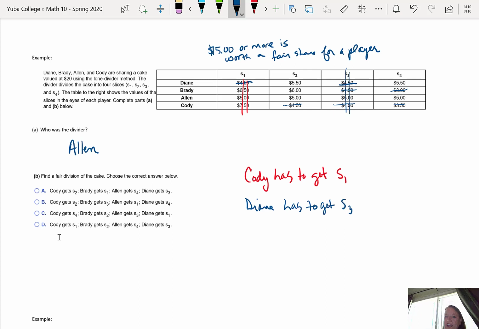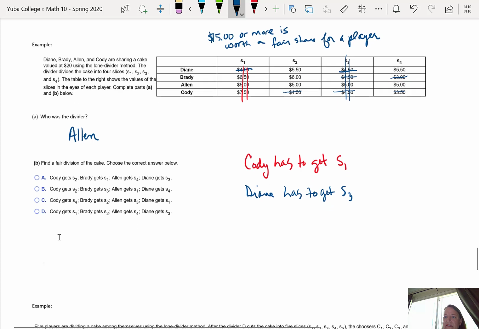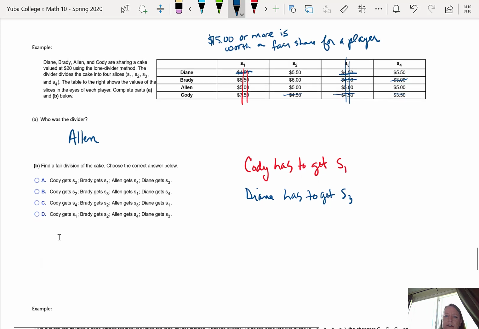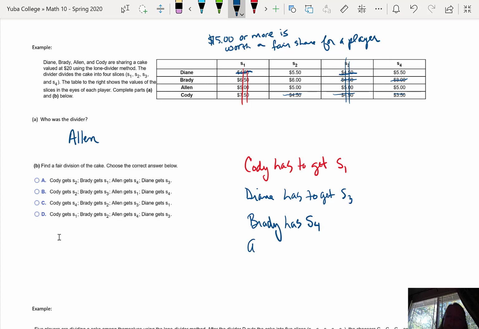So no one else can have S of 3. And so the only thing that Brady has left that they like is S of 4. And then the divider, Alan, gets the leftovers. Well, he divided and he believes they're all the same. So S of 2.